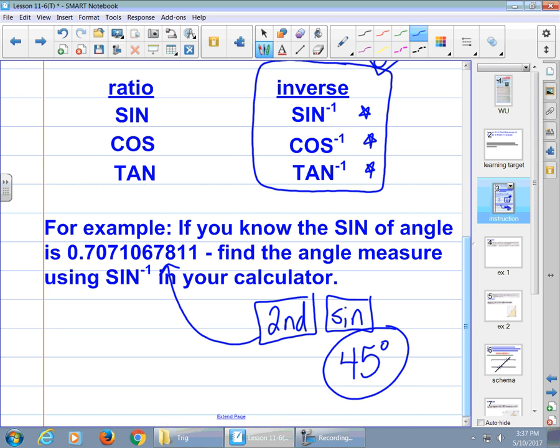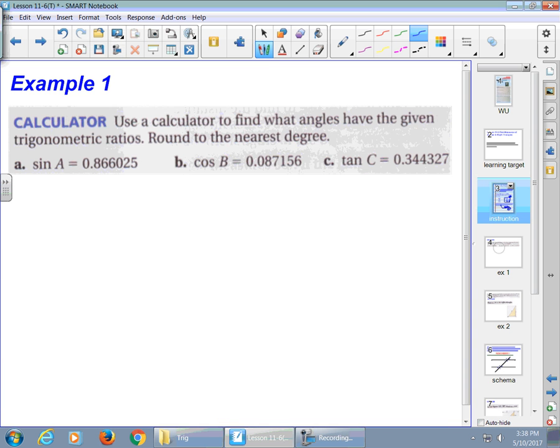Okay, so instead of saying 44.9 repeating for a degree, we would just say it's 45 degrees. Okay, so it's never going to be that exact. So let's go to an example. These you're just going to use your calculator to find what angles have the given trigonometric ratios and then round to the nearest degree. Okay, so that's important. So we're going to make sure that we are to the nearest whole number.